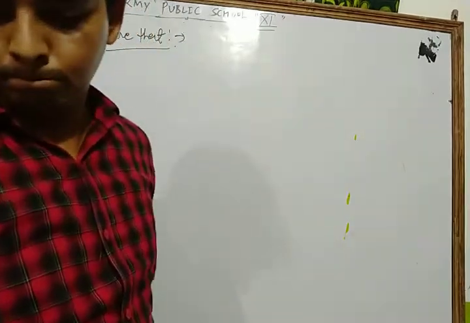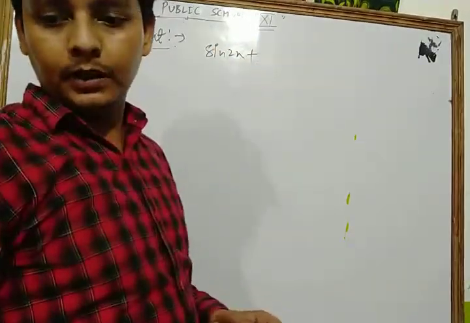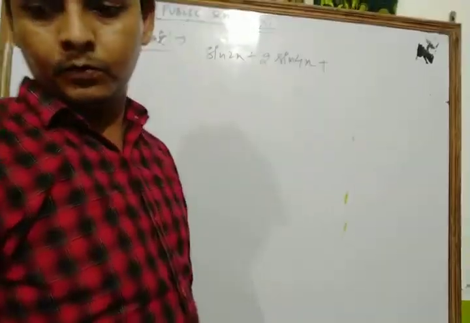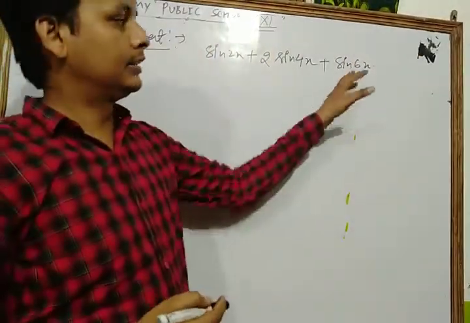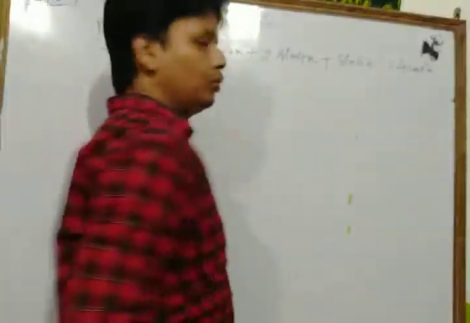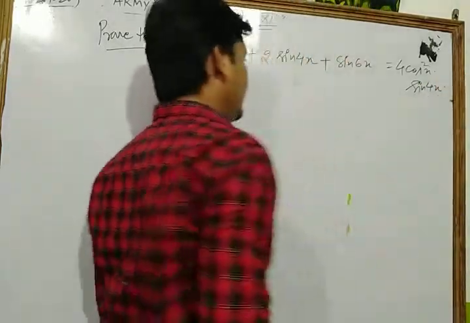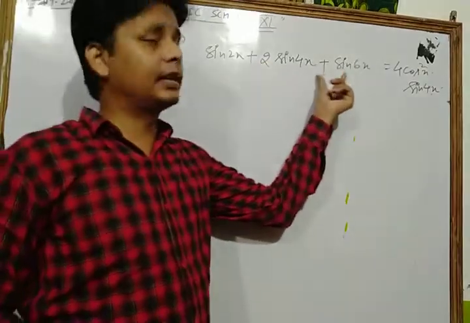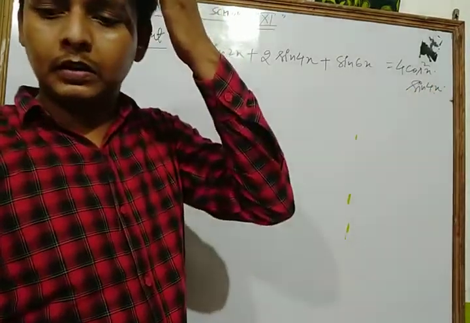Prove that sin 2x plus 2 sin 4x plus sin 6x is equal to 4 cos square x into sin 4x. Okay, we have to show that sin 2x plus 2 sin 4x plus sin 6x is equal to 4 cos square x into sin 4x.